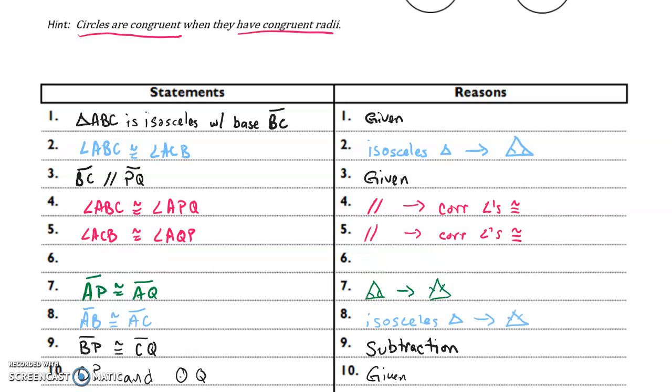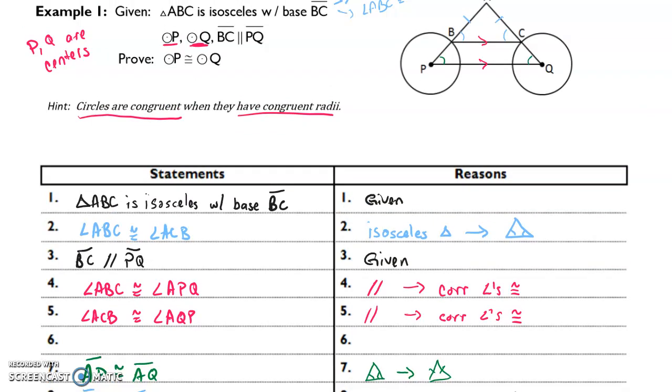And as I was saying that, I caught myself, maybe some of you caught me as well. Instead of restarting it, I figured it'd be a good lesson to talk about that mistake. I never stated that angle P was congruent to angle Q. And that is necessary to get those sides opposite congruent. So step 6, I would actually have to state that angle APQ, or angle P, is congruent to angle AQP, or angle Q. And that's the transitive property, or substitution.